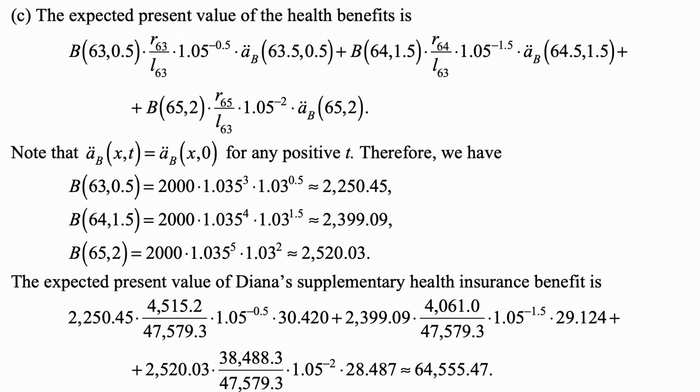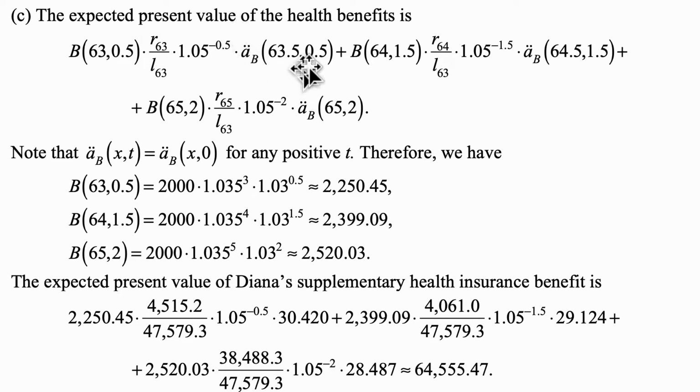For Part C, the expected present value of the health benefits is benefits accounting for retirement at age 63 and a half, accounting for the probability of retiring then, the discount factor because of the retirements happening in the middle of the year, and the annuity factor for the premium payments.